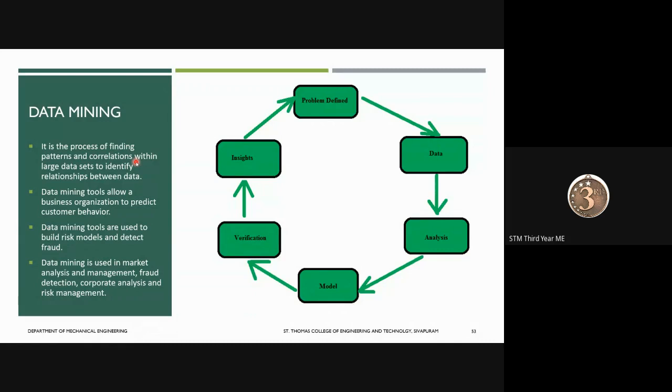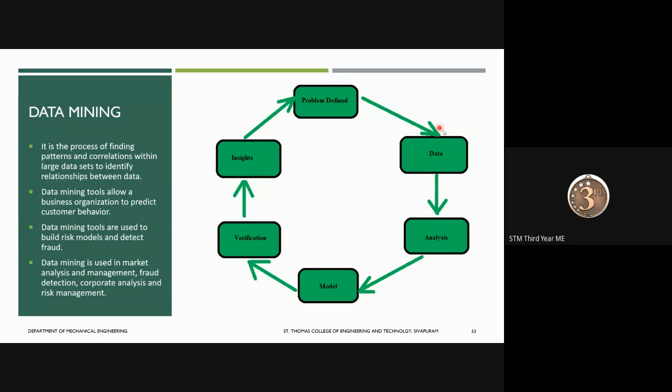From the data we have collected under the data warehouse, we are mining the data. What is mining? We are obtaining raw materials. In the same way we are obtaining data from the data warehouse and finding patterns. That is coming under data mining, and you can see how it is being done.